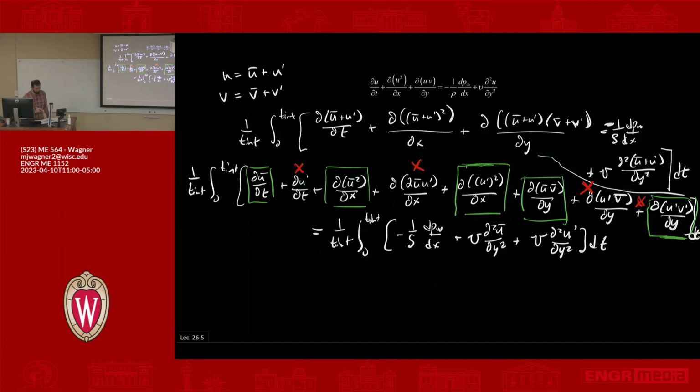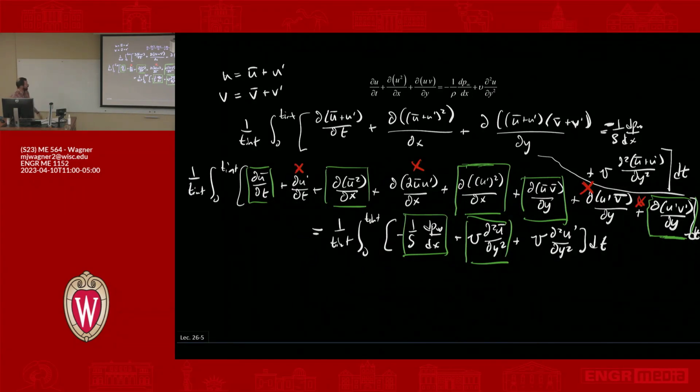Okay, so we're left with stuff on the right-hand side. On the right-hand side, the pressure integral, there's nothing there that causes that one to go away. The second derivative of velocity with respect to y, we're looking at integrating some constant that's probably going to stick around here.